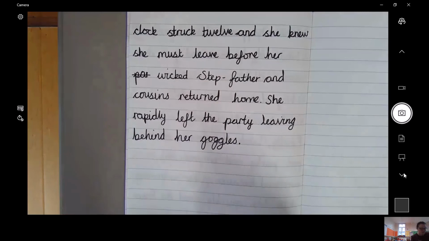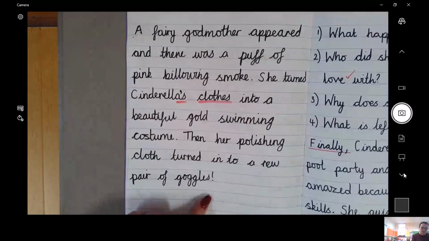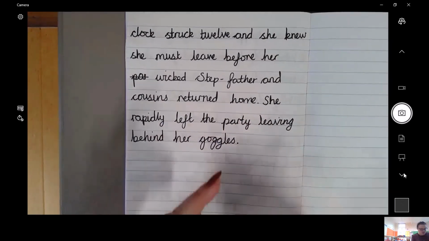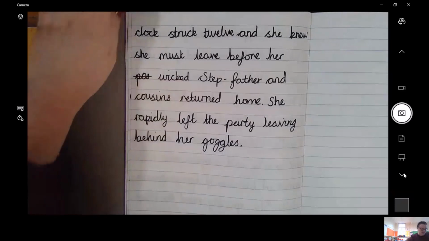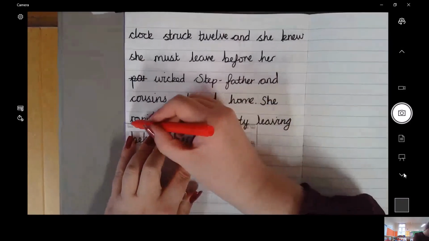Stop. Right, have I answered the question? Have I used an adverb? What is she left behind? She rapidly left the party, leaving behind her goggles. So she's left her goggles behind. And the adverb, how did she leave? She left rapidly, which means quickly.